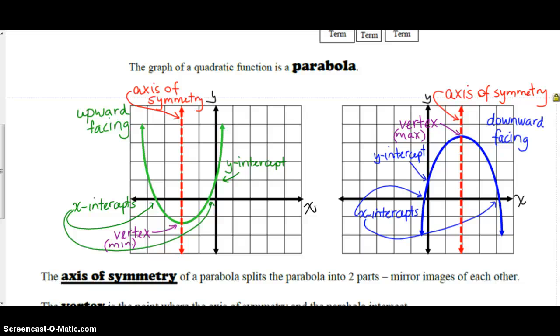The x-intercepts are of particular interest to us because, as we learned, I think it was in Chapter 1, that is also known as the solution or the root of the function, or the solution of the equation. So that's something that we'll be dealing with a lot, and you'll remember your factoring. When you factor quadratics, one of the things that we did is we set it equal to 0 and then solved, and that's in order to find these locations, the x-intercepts.